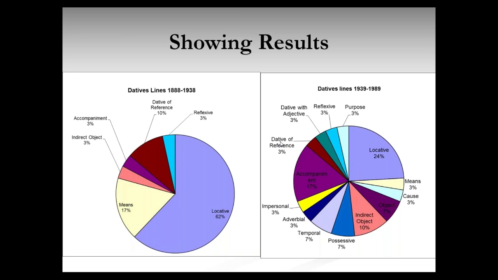The way I would describe it is the dative had to do a lot more heavy lifting in that segment. It was being used for a lot of different functions, and that shows up when you're looking at it.